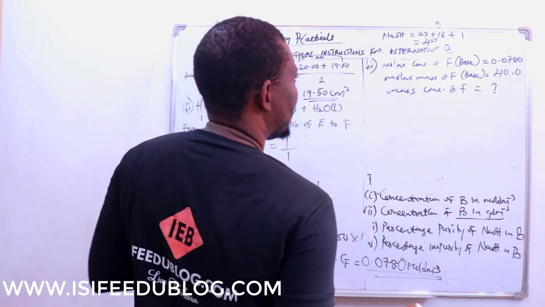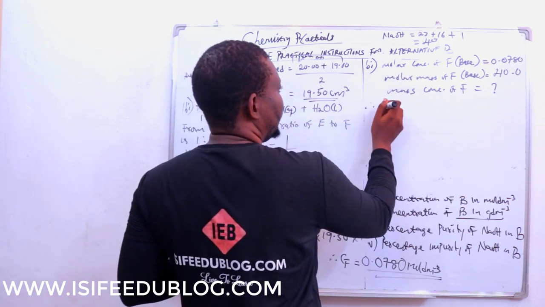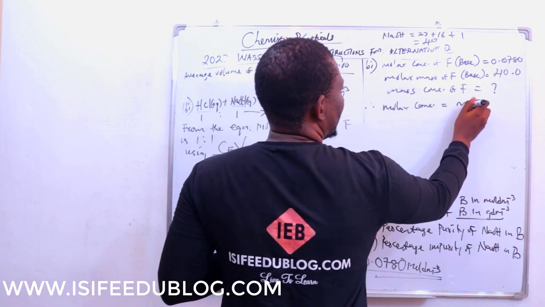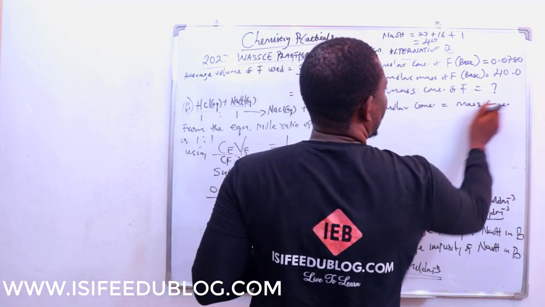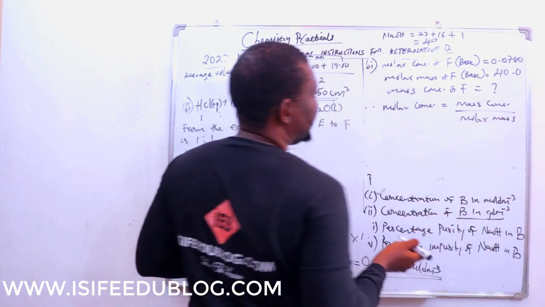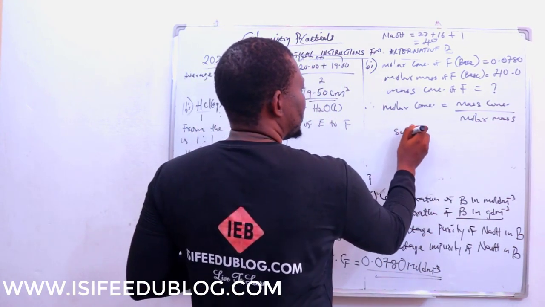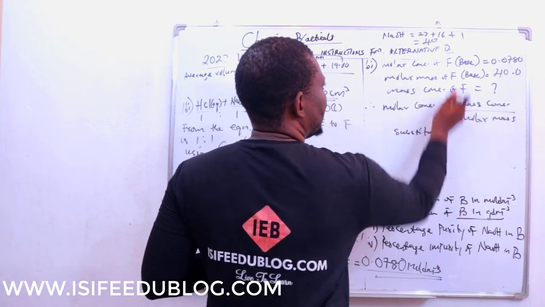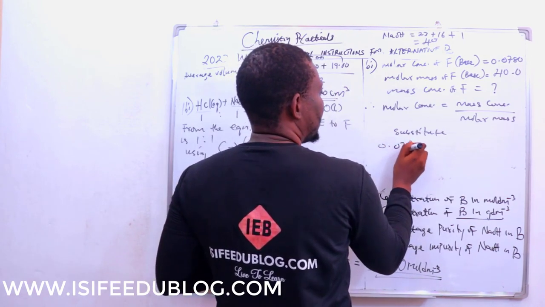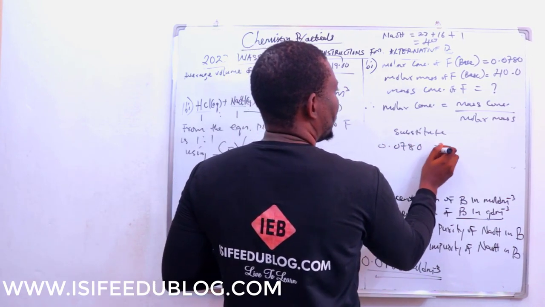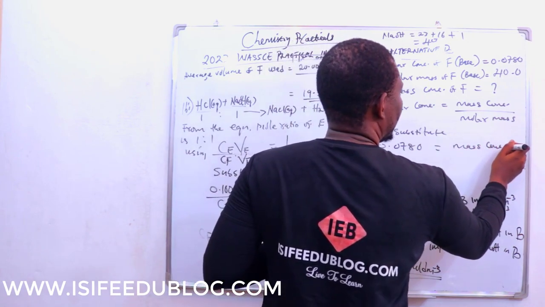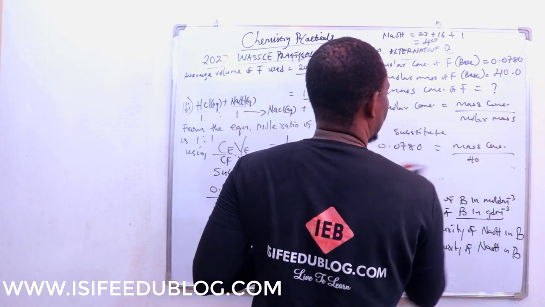So what do you do? Still the relationship: molar conc is equal to mass conc in gram per dm cube over molar mass. We just substitute these figures. Molar conc 0.0780 is equal to mass conc, which we don't know, over molar mass, which is 40.